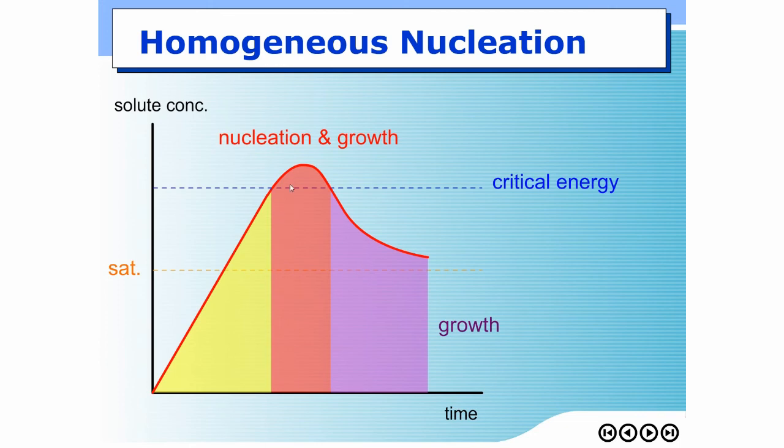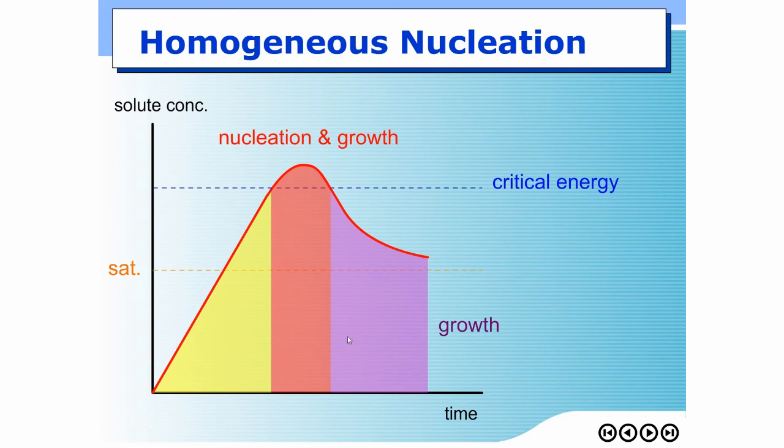So we want this area to be really, really small. But we want this level to be really high because we want high supersaturation. Okay? The higher the supersaturation, the smaller the particle size. Remember? So we want this graph to be as sharp as possible and drop down as quickly as possible.